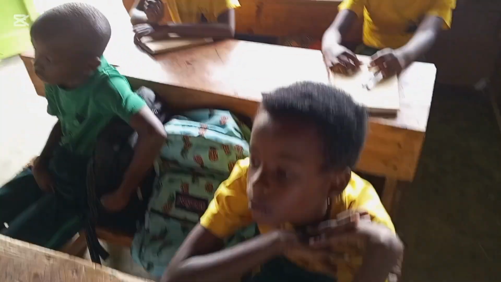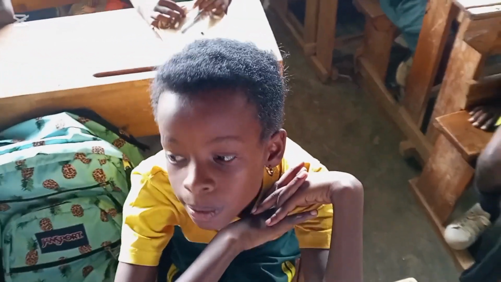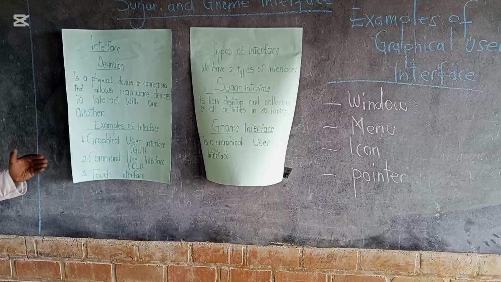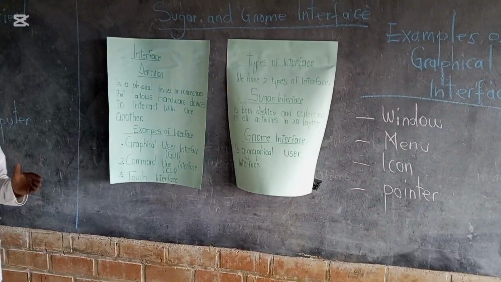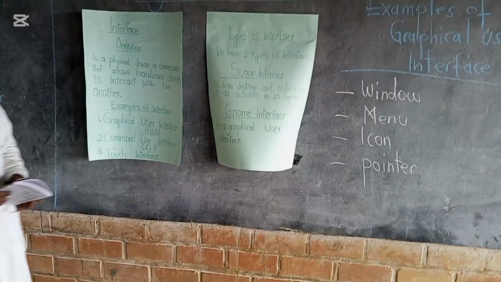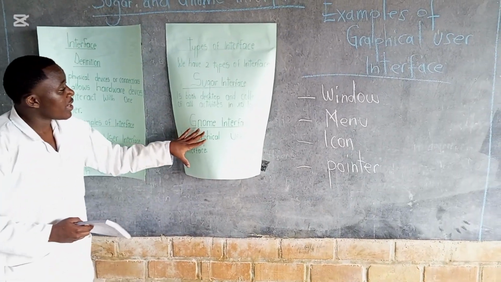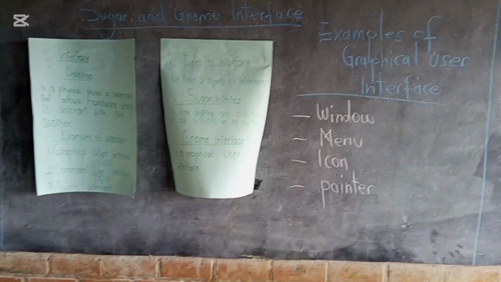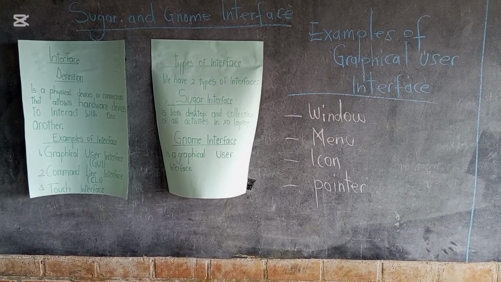This sugar interface is both desktop and collection of all activities on the laptop. Here in the sugar interface is where we find all the activities you have done on the laptop.